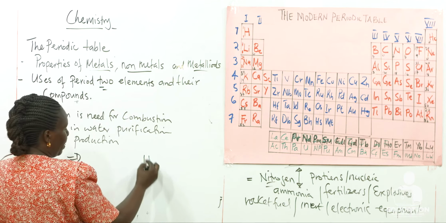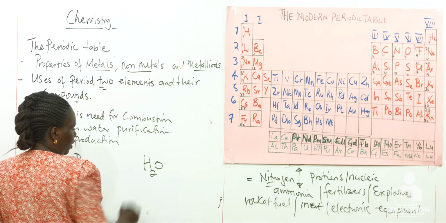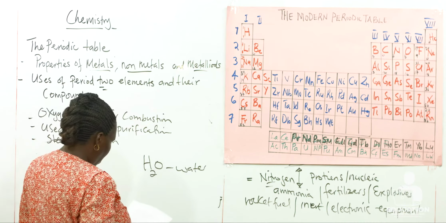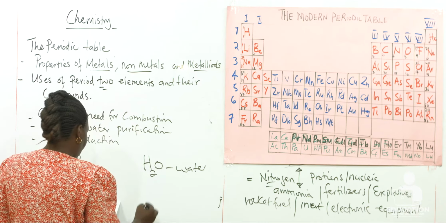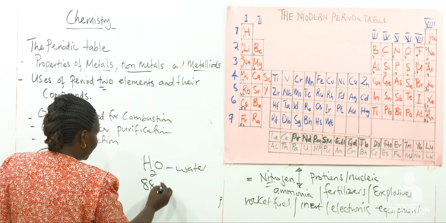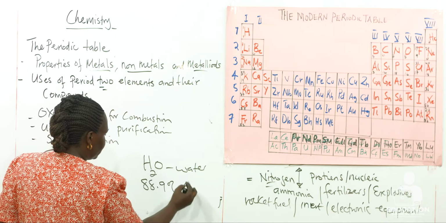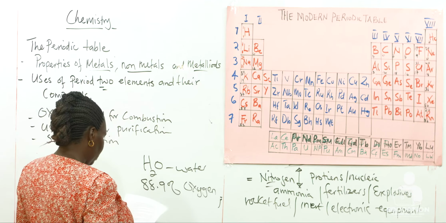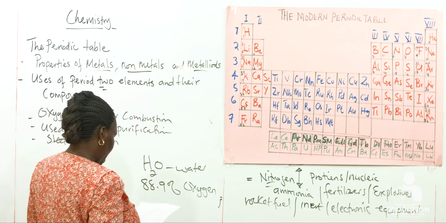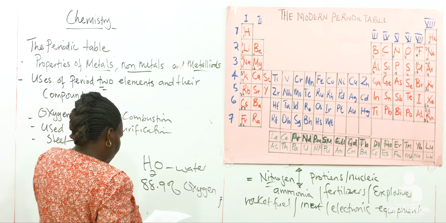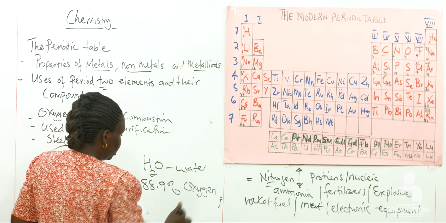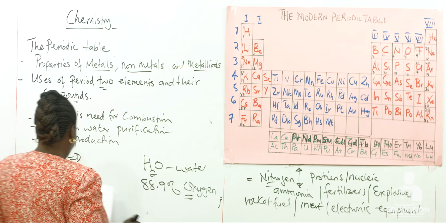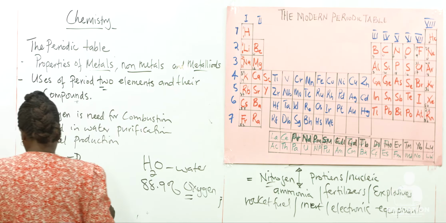This is water. 88.9% of water is oxygen. And we know that water is one of the most essential substances for life.